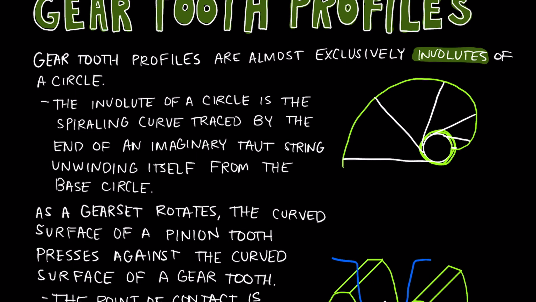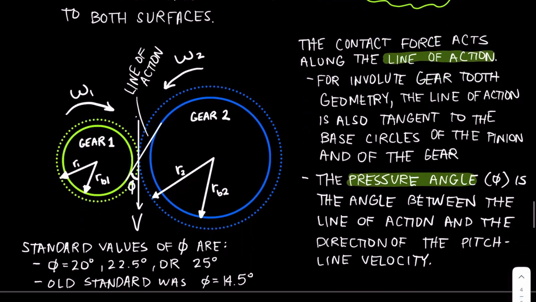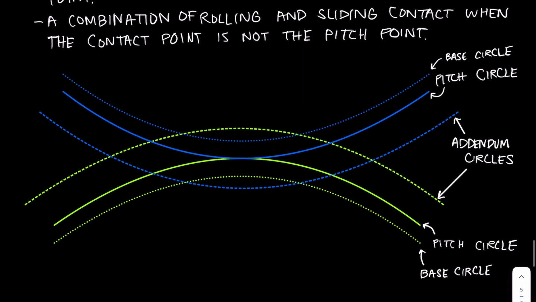This circle that our yarn was wrapped around is the base circle of our gear tooth, and then the involute profile comes from this line that we're tracing as we unwrap a piece of yarn or a taut piece of string from that base circle. Okay, so that's our base circle.